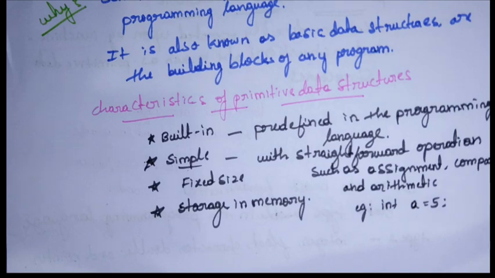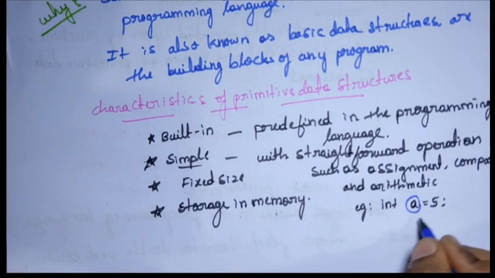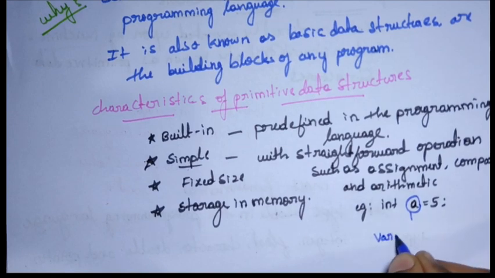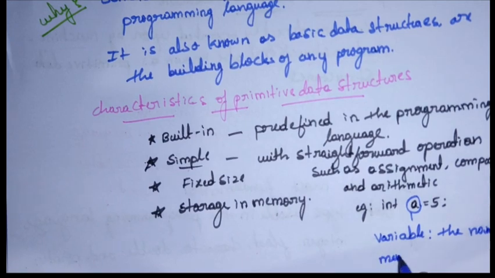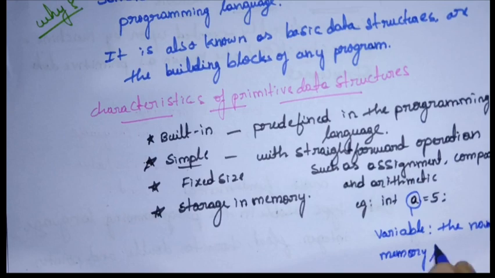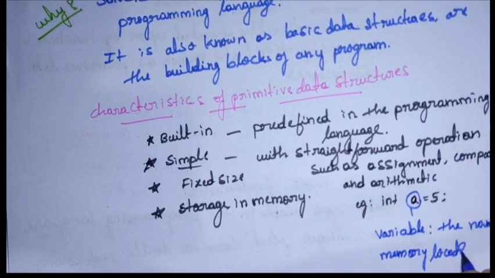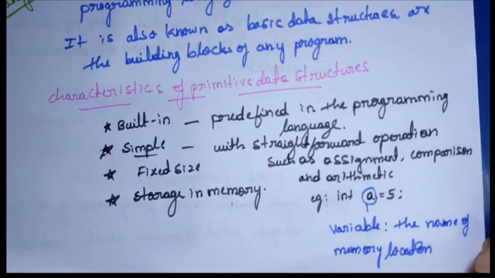This is the way of creating an integer data type, or assigning a value to an integer, in C language.